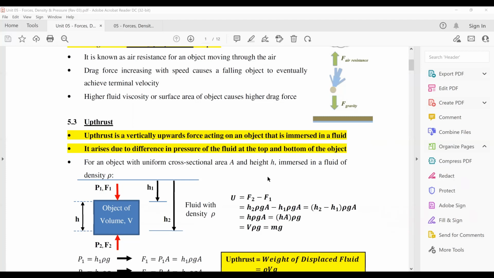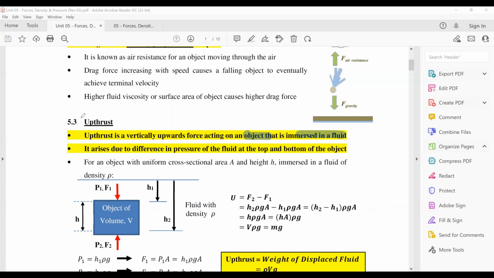Any object that is immersed inside a fluid, like a liquid such as water, will experience upthrust. It is a force that allows an object to float in water in the first place. It is also the force that you experience when you go inside a pool or river, you suddenly feel lighter. That is upthrust acting on you.